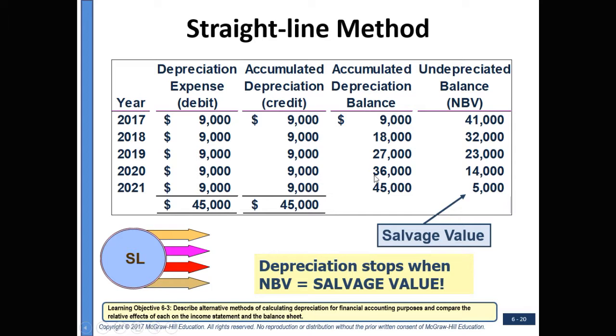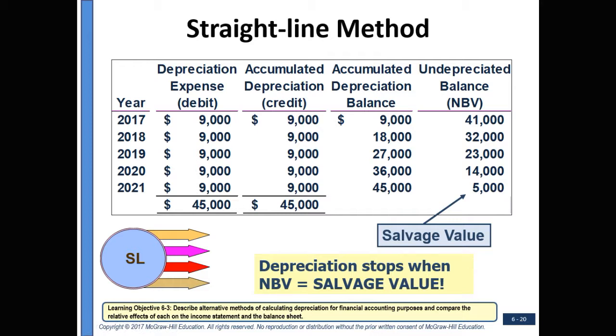However, as we go forward, we have our accumulated depreciation balance. Here's where we will continue to add. In the first year, we had 9,000. We added another 9, now we have 18. We added another 9, now we have 27. We added another 9, now we have 36. We added another 9, now we have 45,000.